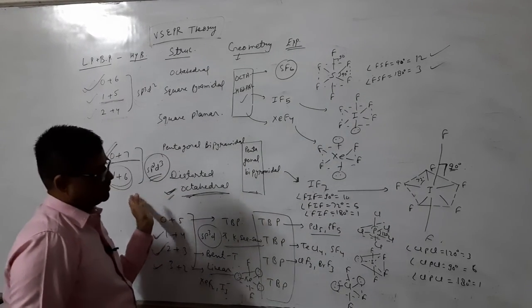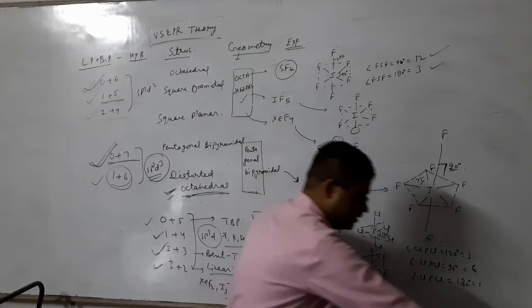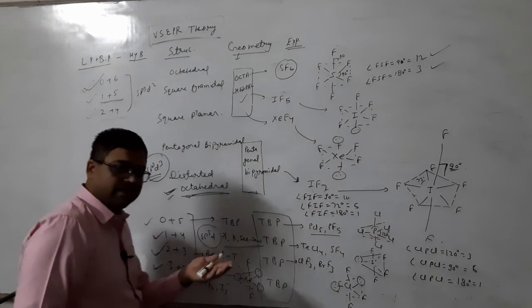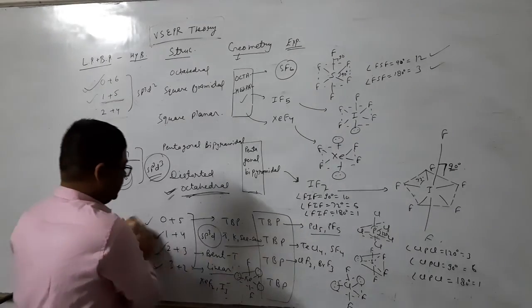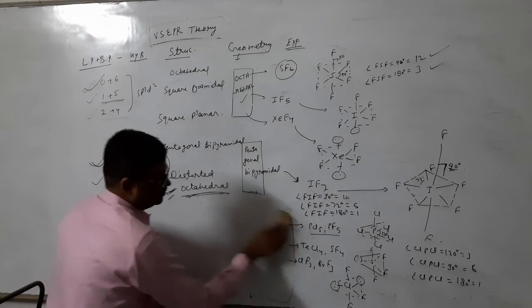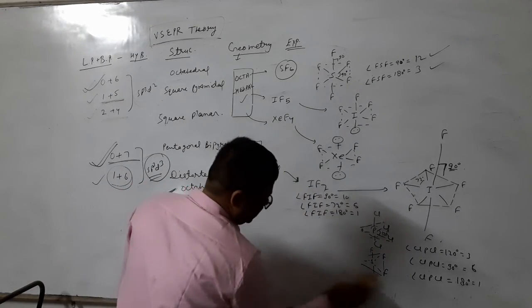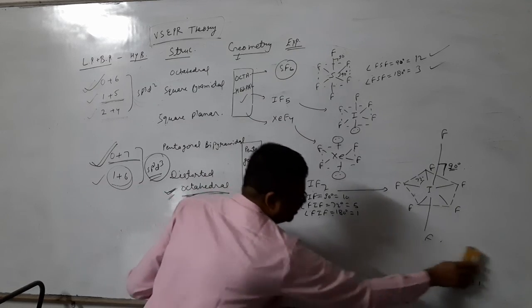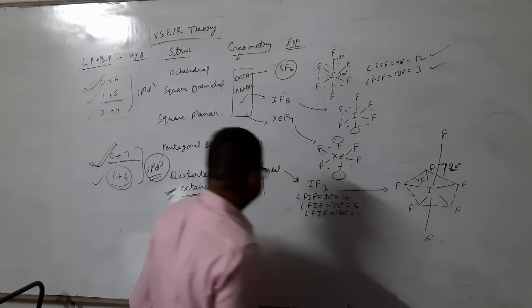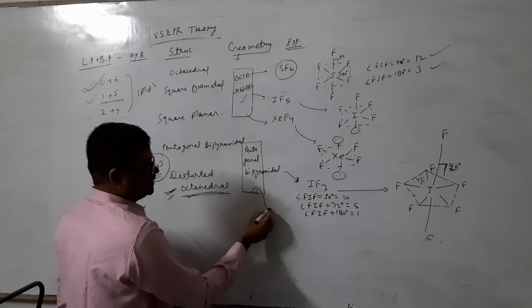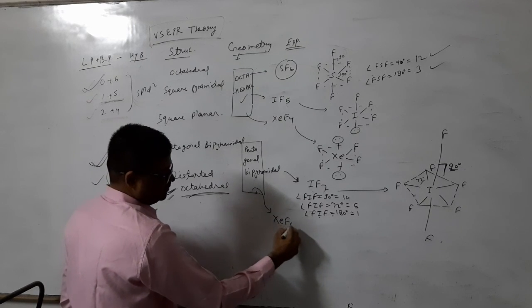In this, there is a problem that the lone pair can't be accommodated on axial as well as on equatorial. So what will happen? Think and tell me what will happen. For this case, I am taking XeF6.